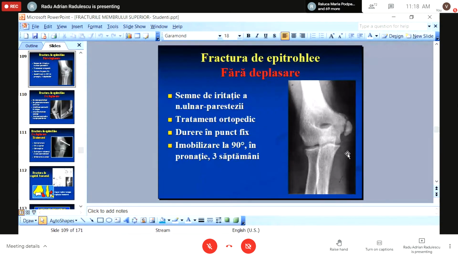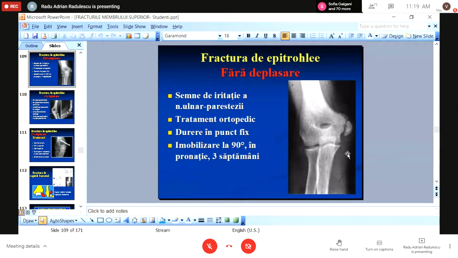In this situation, the patient is unable to do the abduction and adduction of the fingers. The abduction and adduction of the fingers is done by the interosseous muscles, like you probably also remember from anatomy, and the interosseous muscles are innervated by the ulnar nerve.